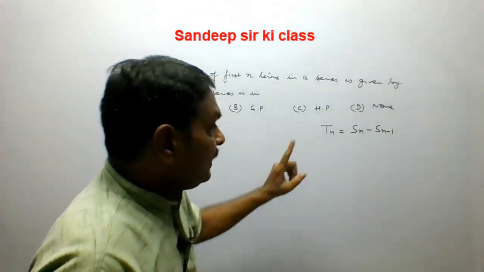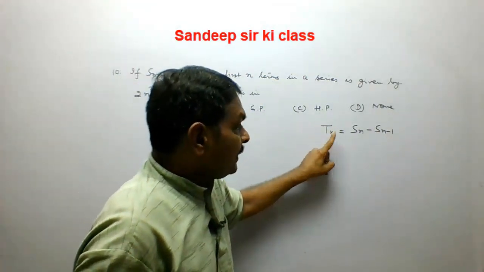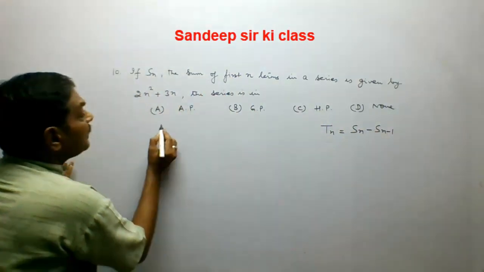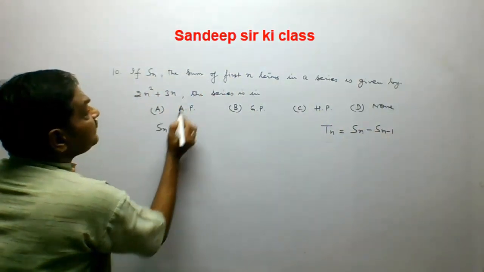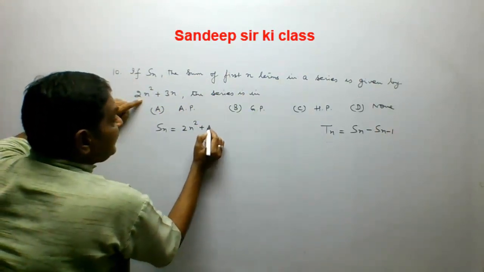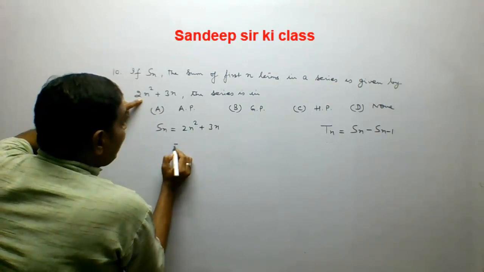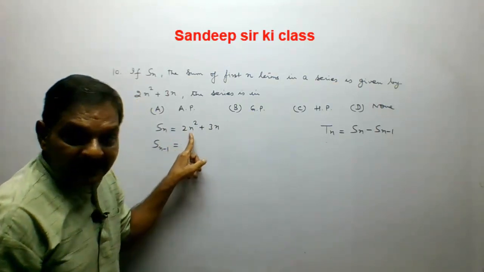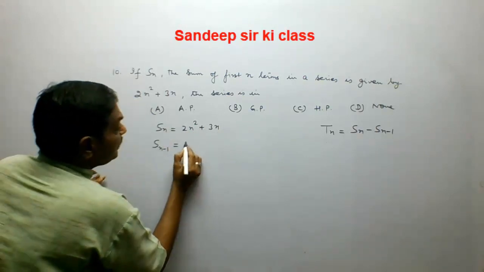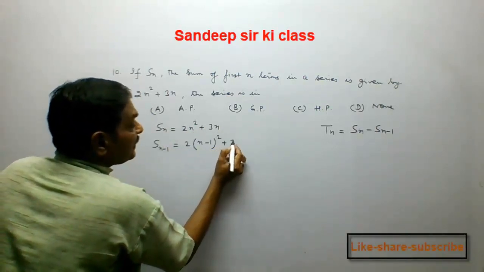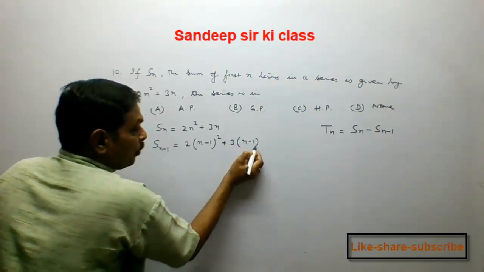In AP, the nth term is given by Sn minus Sn minus 1. Now here Sn is given as 2n square plus 3n. So Sn minus 1 will be, I replace n here by n minus 1. So it will be 2 into n minus 1 whole square plus 3 into n minus 1.